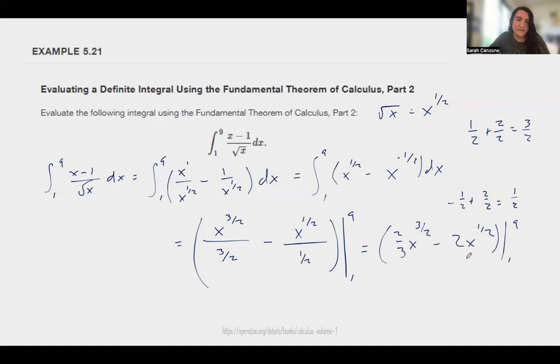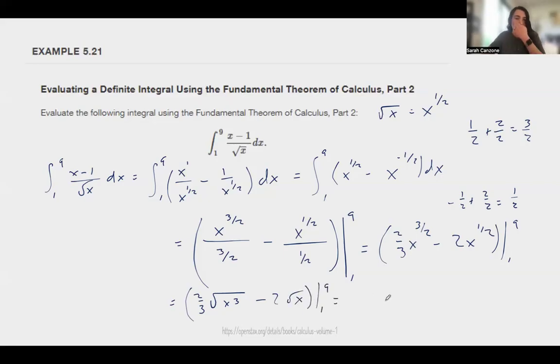This might be a little bit easier to actually convert back into a root, because again, since we're not allowed to use a calculator, we can convert this to a root and it becomes a little bit easier to deal with. So if we, again, maybe don't evaluate and we convert to a root, this is power over root. So this is 2/3 times the square root of x cubed minus 2, then x to the 1/2 is just the square root of x, evaluated from 1 to 9.